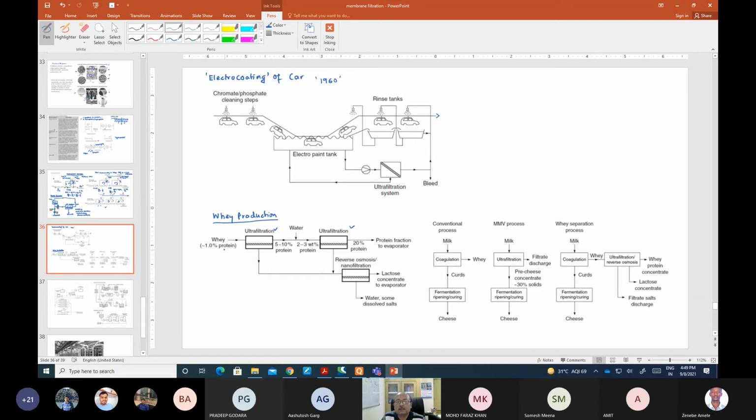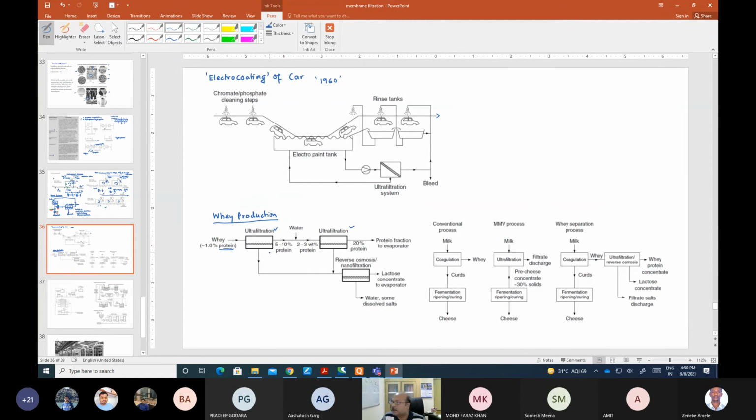But this contains a lot of protein which is good for muscle building. So you go to any store where you see muscle building proteins, these are all whey proteins, and these are all recovered from cheese production factories. In the form of whey, they are recovered from the whey.